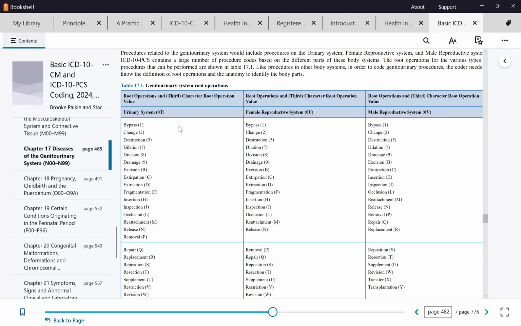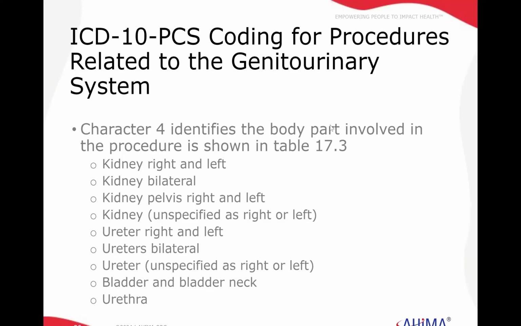However, in many cases, the root operations are the same. They include such things as bypassing, change, dilation, destruction, and so on. Please make sure that you understand this table before you do the assigned work for this week.